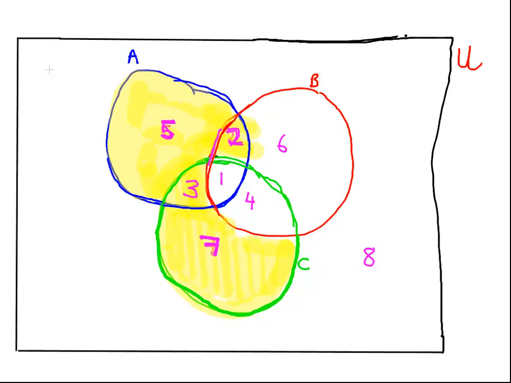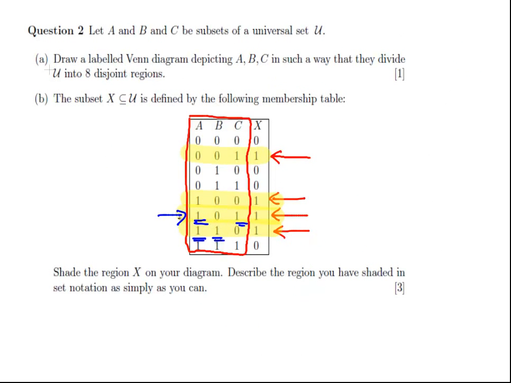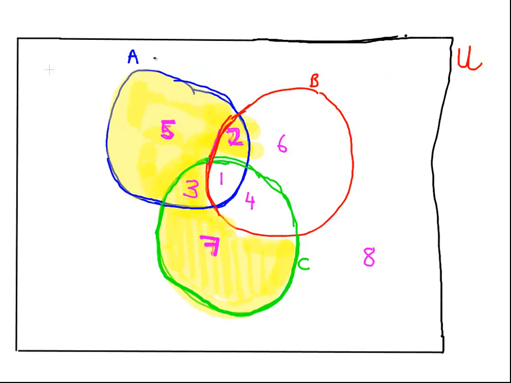So it's A 1, B 1, and C 0. And likewise, region 3 is within A, not within B, and within C. So it's 1 for A, 0 for B, and 1 for C. That's region 3 there, and that's region 2 there. That's just a bit of spill over there.